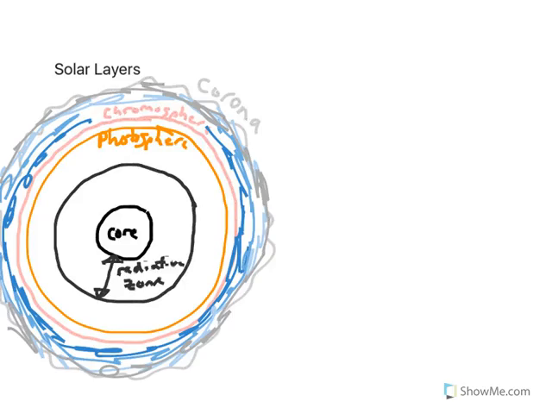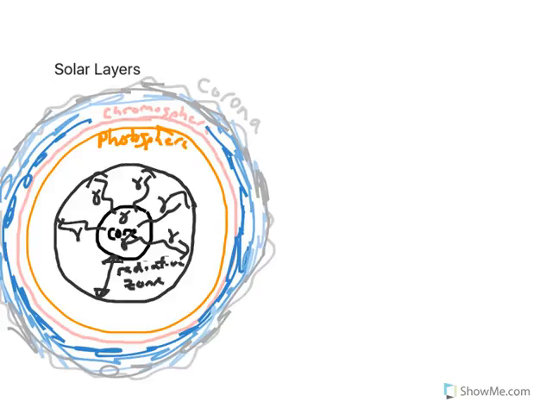So the photons are generated in the core of the sun, and then the photons are moving outwards through the radiative zone. And these photons carry energy. Now remember that the photon is just light, and so this region of the radiative zone is just light.